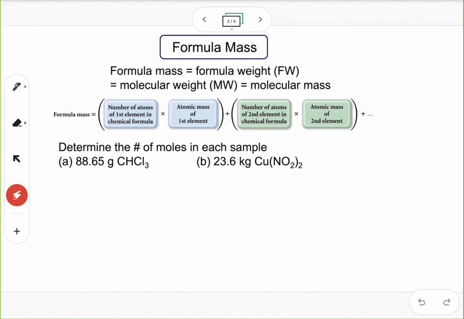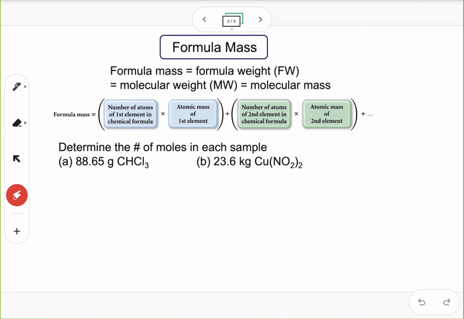How do we calculate formula mass? Well, in our textbook we used formula mass, but in some other textbooks you can also see formula weight, molecular weight, or molecular mass. These four phrases are pretty much the same. So don't be surprised if you see some other phrases in other practice or when I say it.